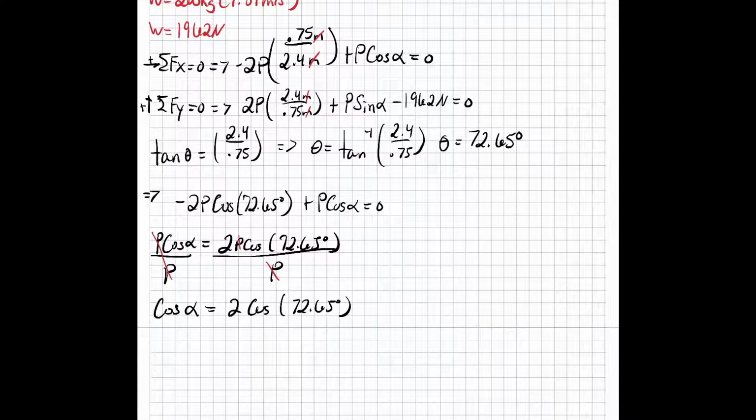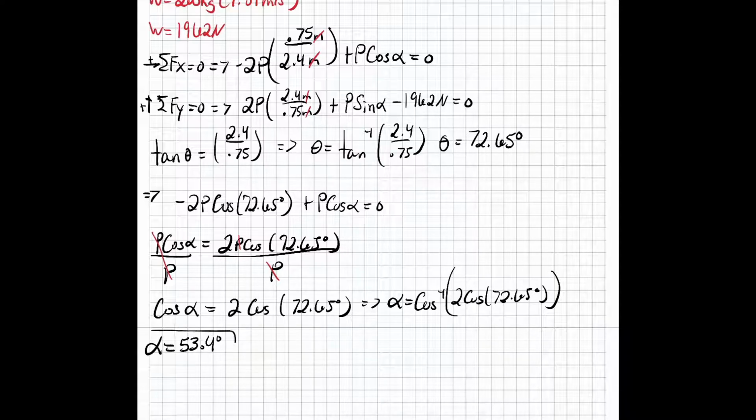Now we just take the inverse cosine. Alpha is equal to inverse cosine of 2 cosine of 72.65 degrees. We have alpha to equal 53.4 degrees. Okay, so that is one of our answers.